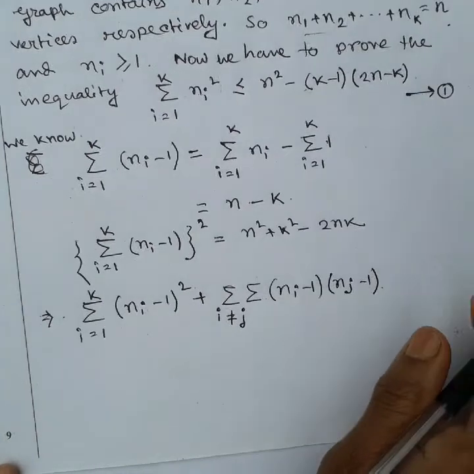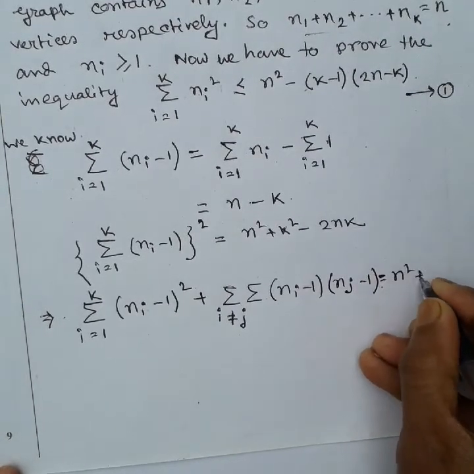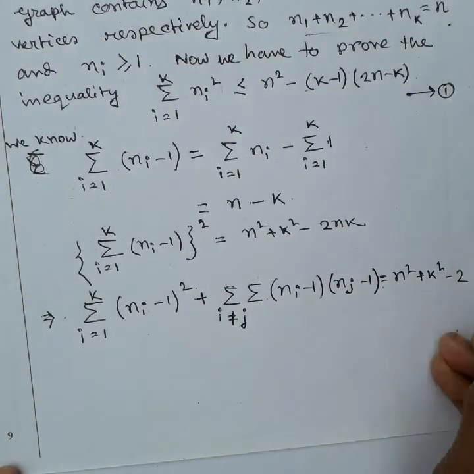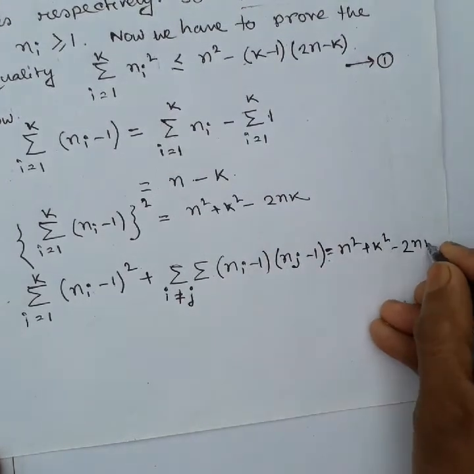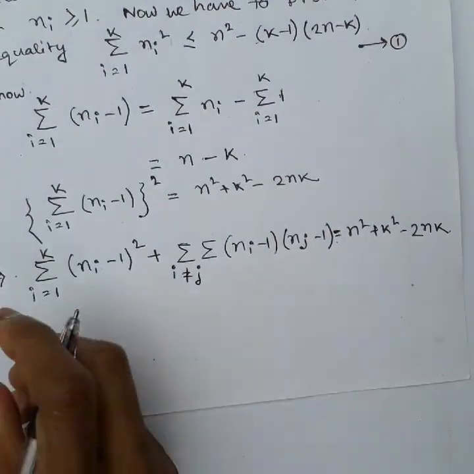Okay, this equals n square plus k square minus 2nk.